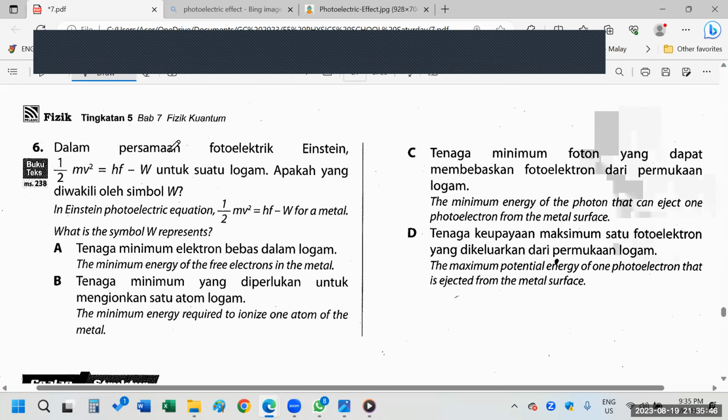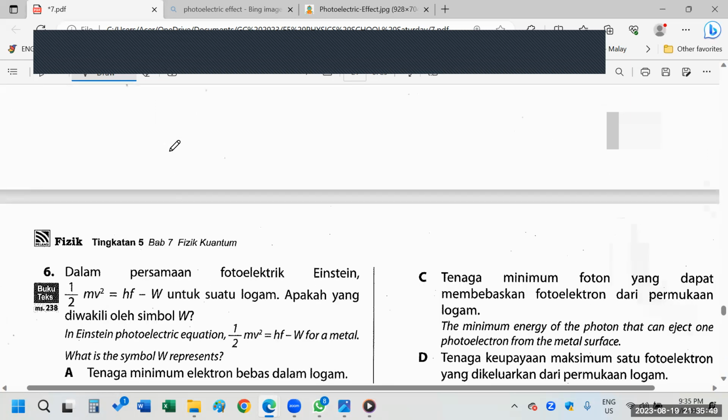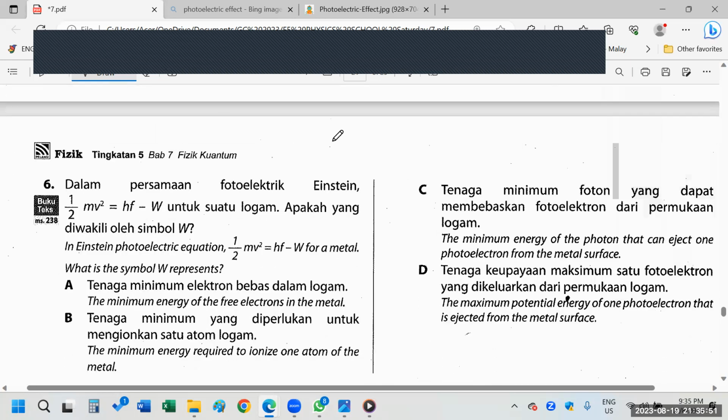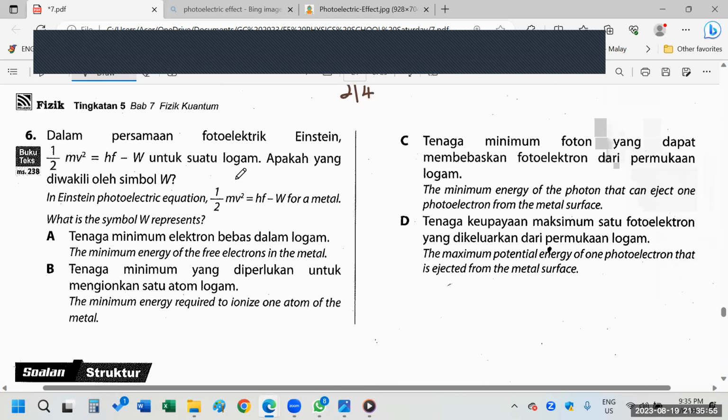For example, number 6, page 214. In Einstein's photoelectric equation, half mv squared equals hf minus W for a metal. What does the symbol W represent?